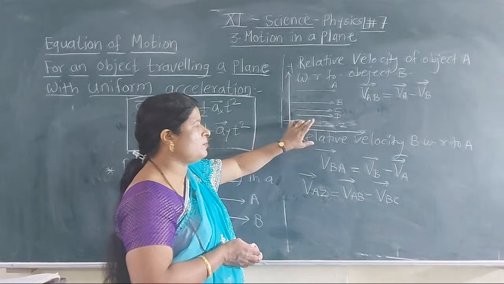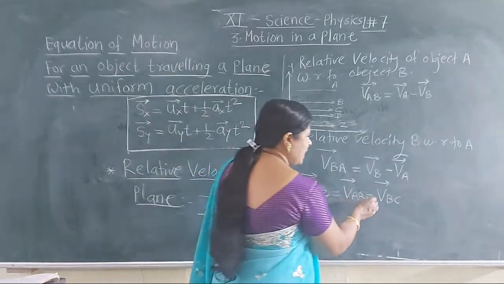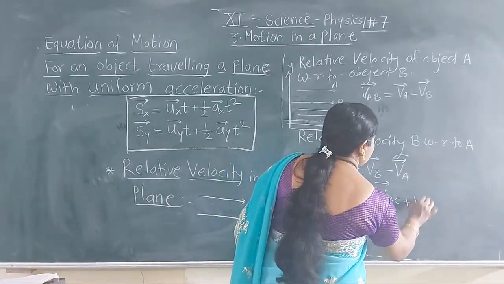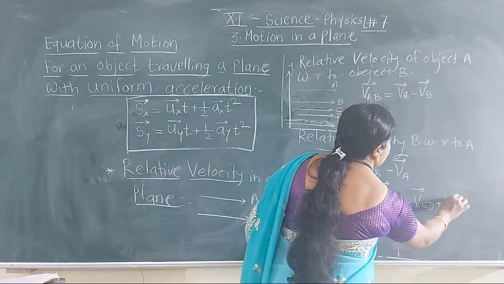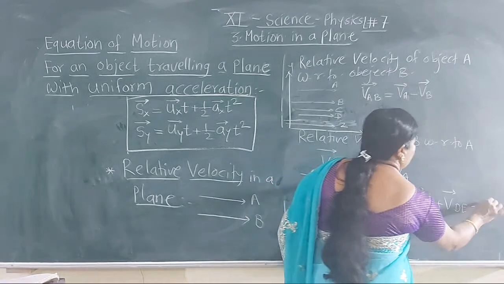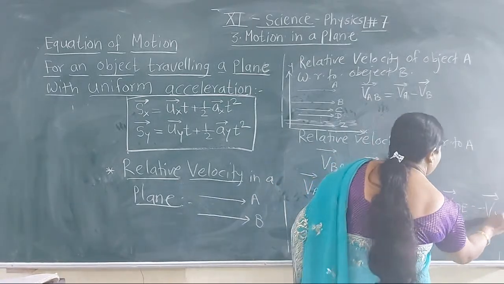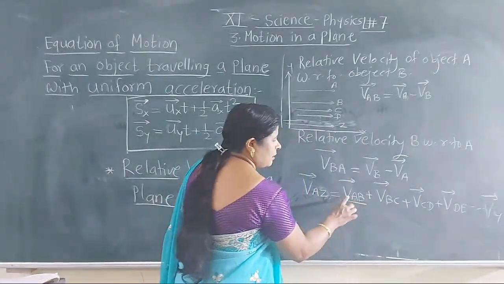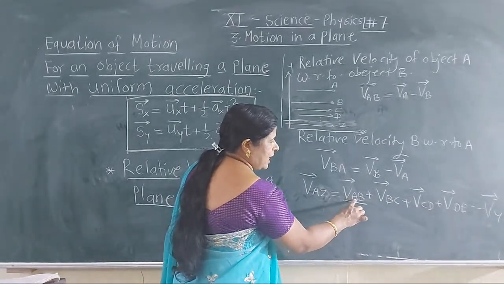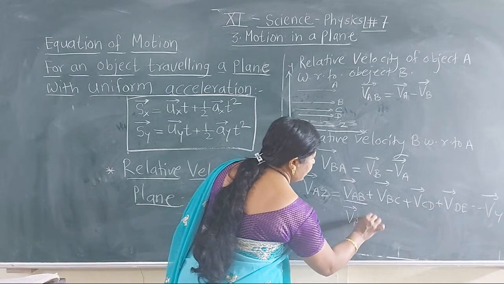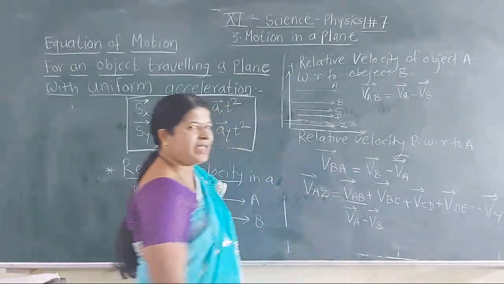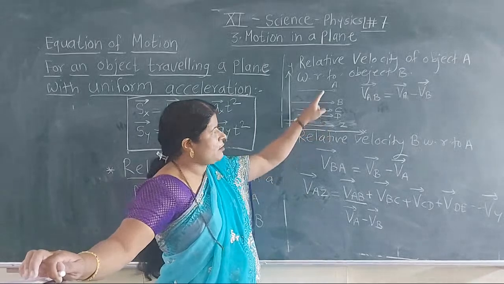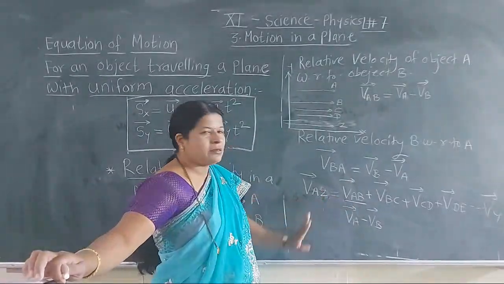There are a number of objects. Therefore, we take vector A to B, plus vector B to C, plus vector C to D, plus vector D to E, up to vector Y to Z. Velocity A to B means velocity of A minus velocity of B. In this way, we can find the relation between these objects' velocities from A to Z, and we call it the relative velocity.